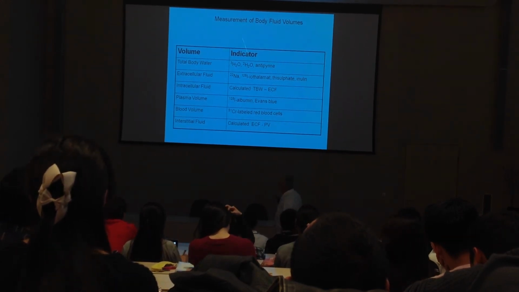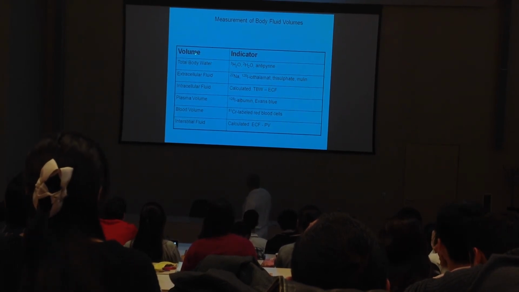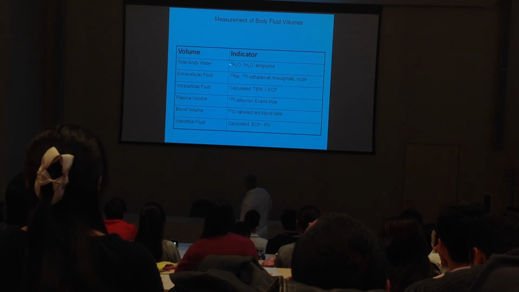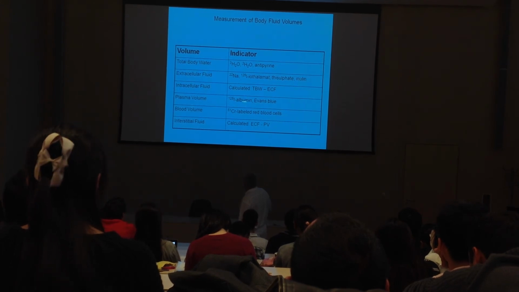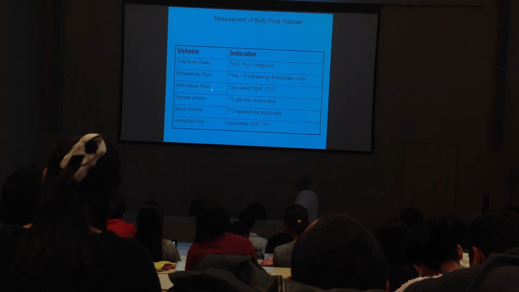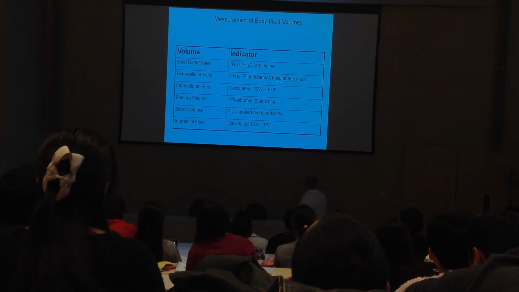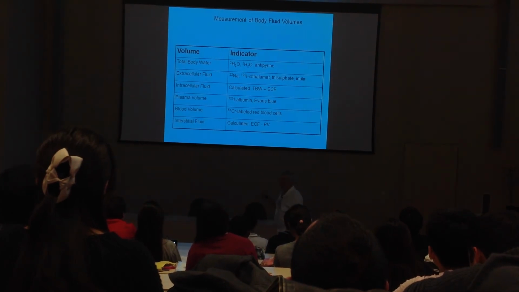What we can learn from this table: when we measure the total body water, usually we use the water itself to measure the distribution. When measuring the plasma volume, we use large molecules, and there are certain subcompartments which can be determined only by mathematical subtraction of one compartment from the other.